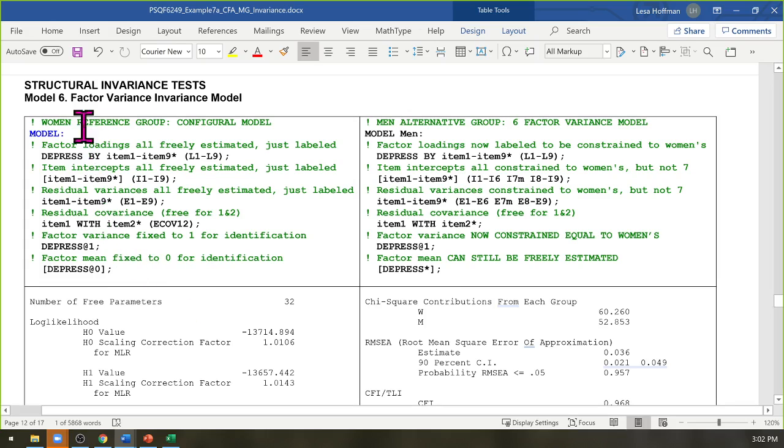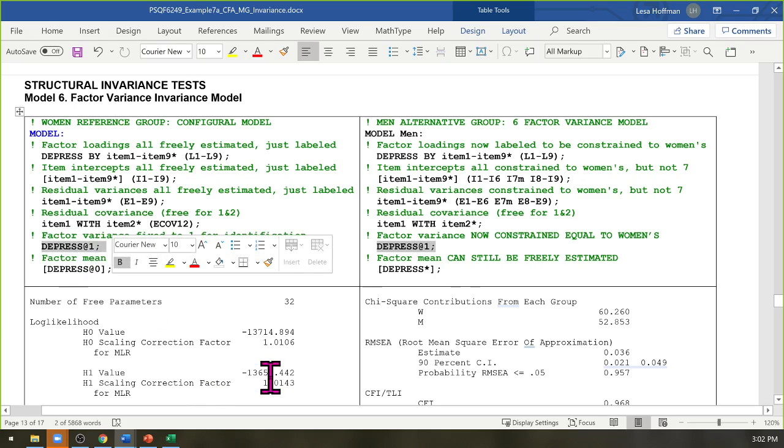So at this stage, I'm on model 6. I'm testing whether or not the factor variance is the same between groups. The factor variance used to be free. I have constrained it back to 1. And the reason that it's constrained to 1 is because that's what it is in the reference group. So I'm making them equal.